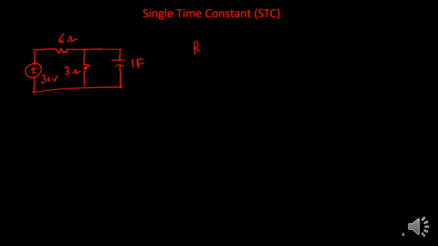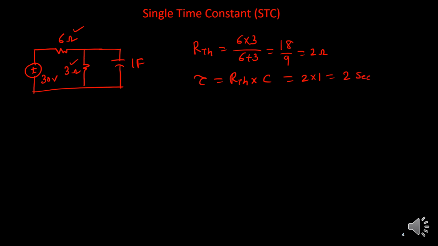RTh in this case is the 6 and 3 ohm combination, 6 into 3 upon 6 plus 3, that gives 18 by 9 equals 2 ohm. So time constant tau is simply RTh times C, 2 times 1 equals 2 seconds. The unit is second. It's done.